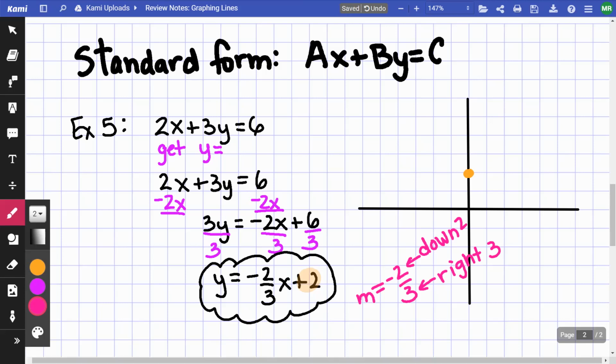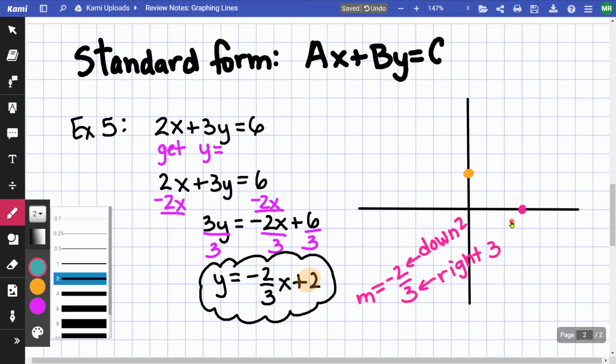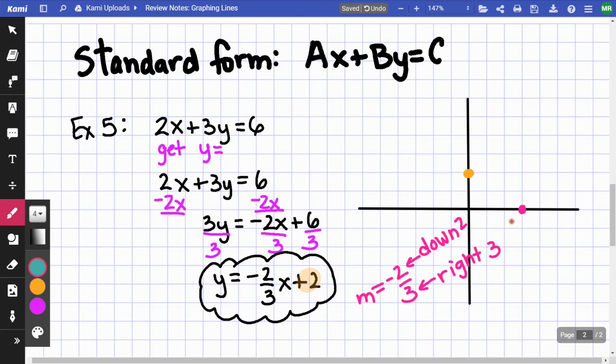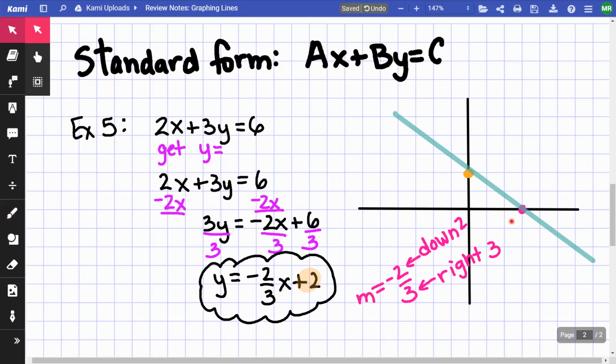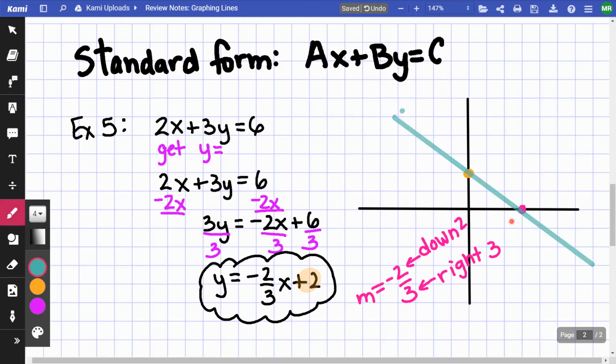So I'm going to go down 1, 2, and right 1, 2, 3. And then I'm going to connect this with a line. And there's our line.